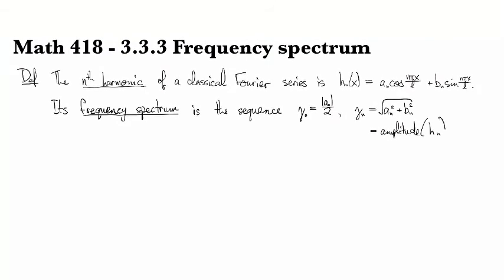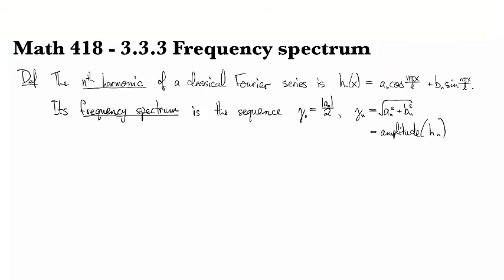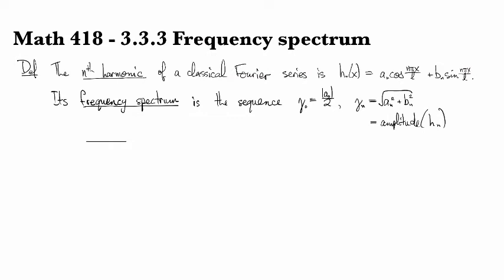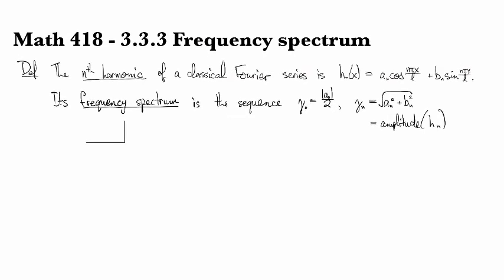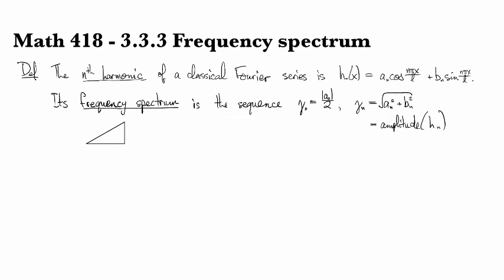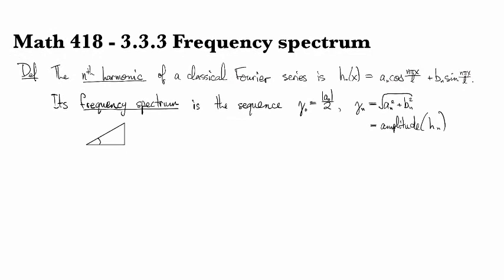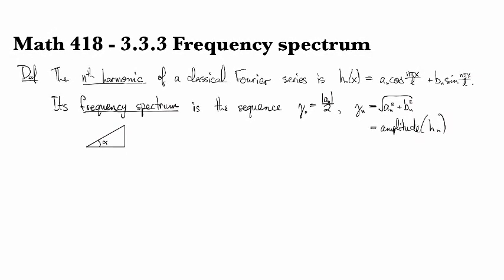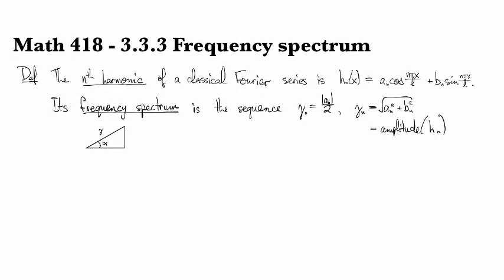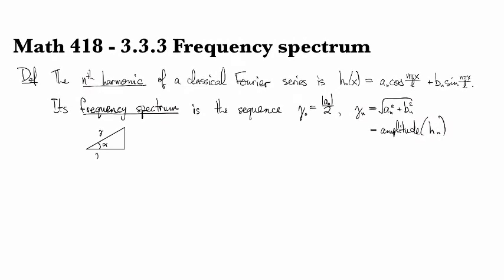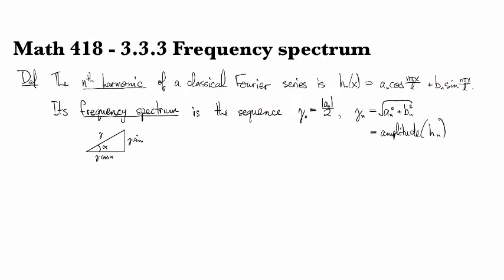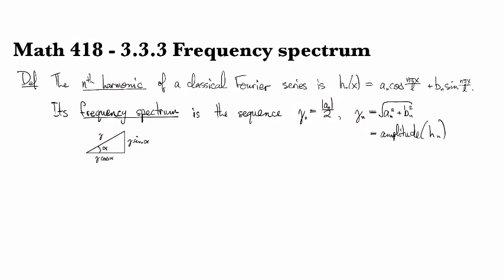of the nth harmonic. In order to see that, it's helpful to draw a little figure that involves a triangle and a change of coordinates. So here's our triangle. If I introduce some angle alpha, and here on the hypotenuse, this will be gamma, then we're going to have gamma cosine alpha on this side and gamma sine alpha on the other side.